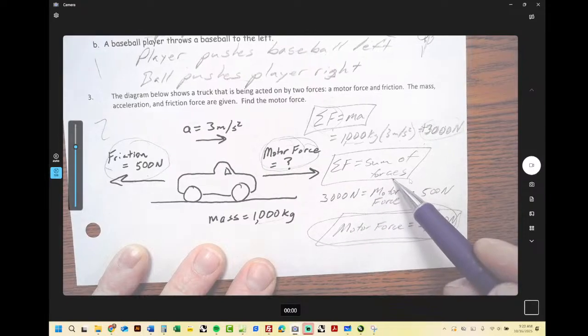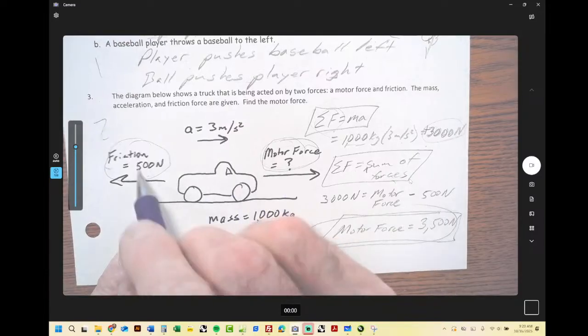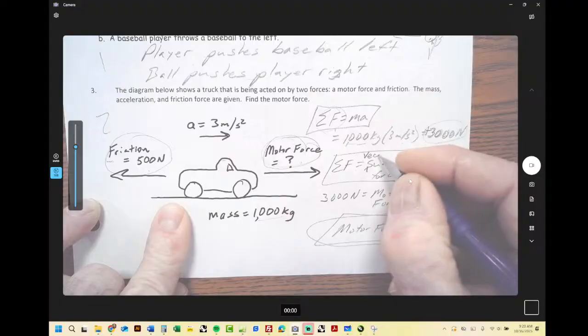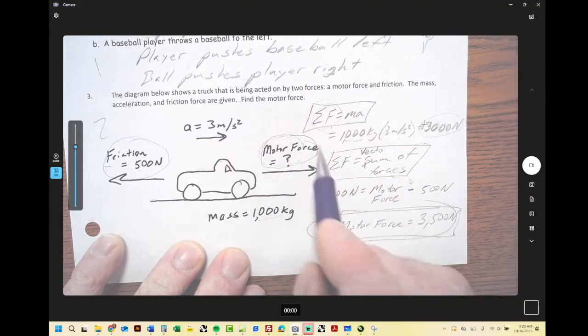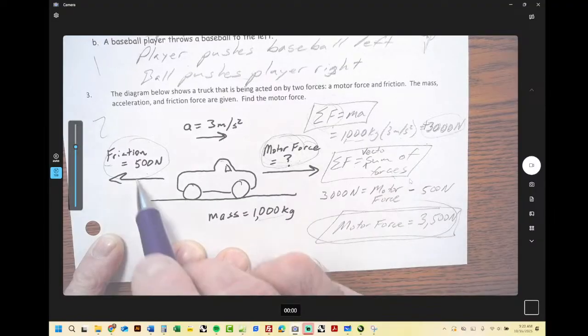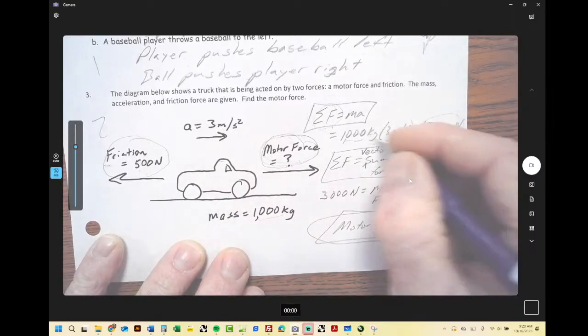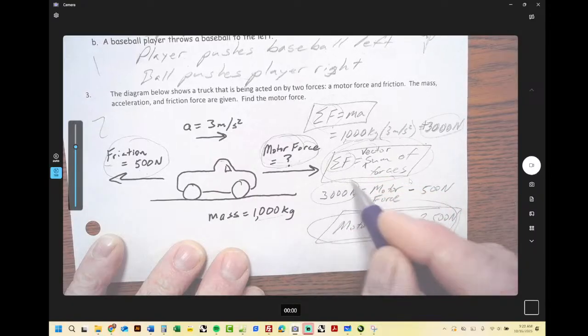As I was saying a little while ago, you don't just add these numbers, but you take into account the direction. You take into account the fact that they're vectors. This is the vector sum. So this force is positive or negative? Positive. This force is negative because it's to the left. So when I write this equation, the net force is 3,000.